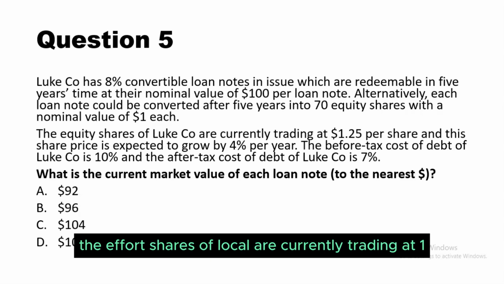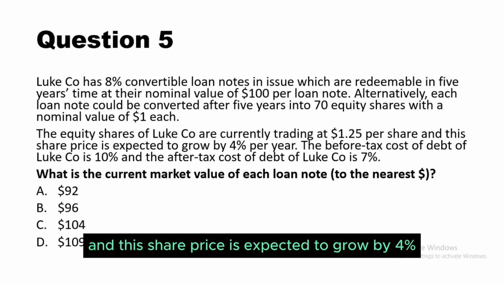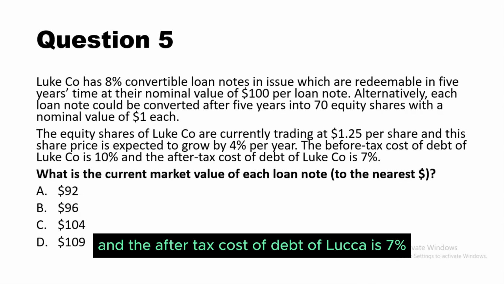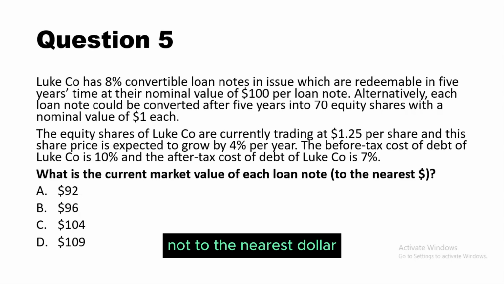The equity shares of LUCO are currently trading at 1.25 per share, and this share price is expected to grow by 4% per year. The before-tax cost of debt of LUCO is 10%, and the after-tax cost of debt of LUCO is 7%. What is the current market value of each loan note to the nearest dollar?